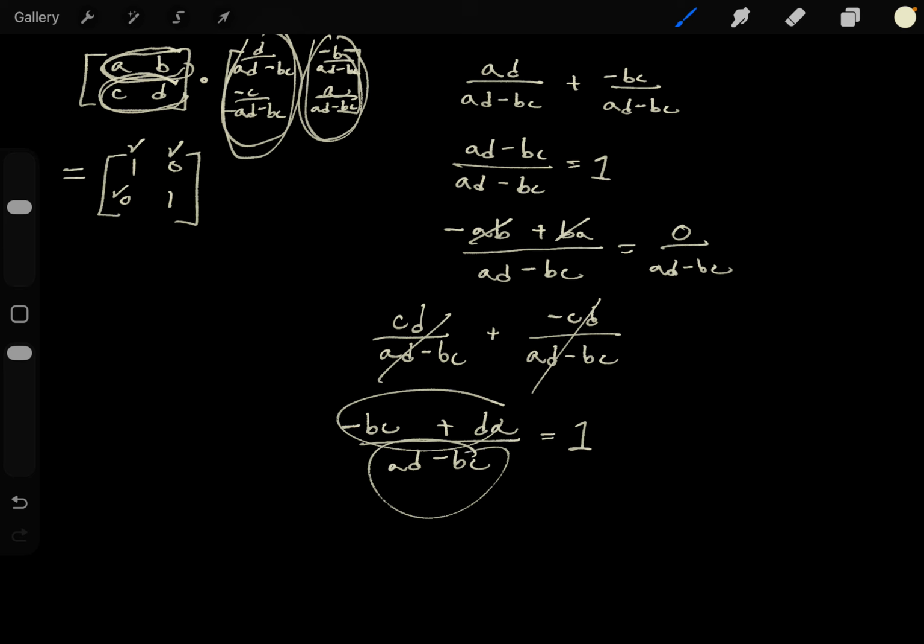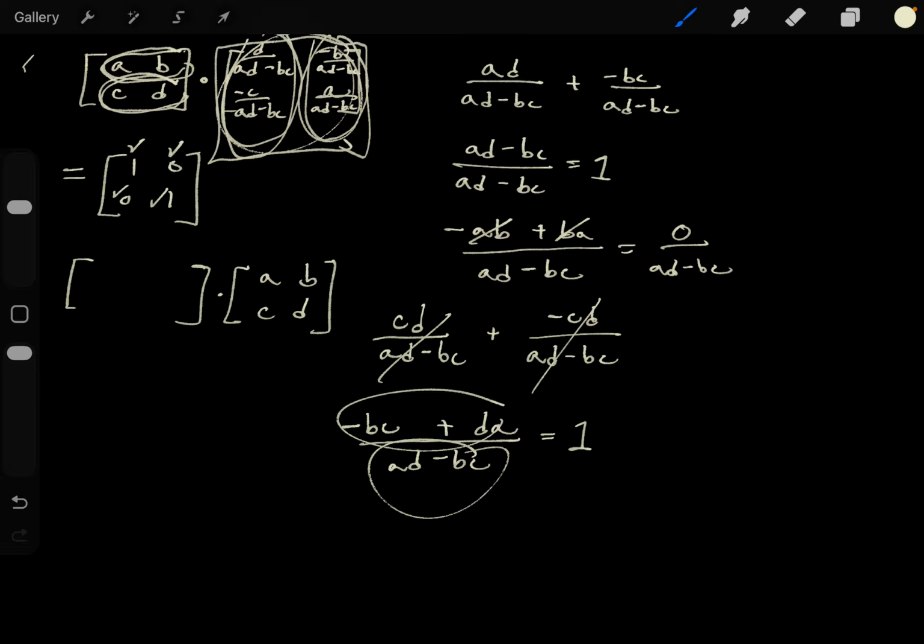The numerator is the same as the denominator, and I get 1. And yeah, that's one way. I would technically have to check the other direction if I wanted to do it. I would have to do this inverse here times this, and I would also see that I'd get the identity back. But the point is that this is the inverse.